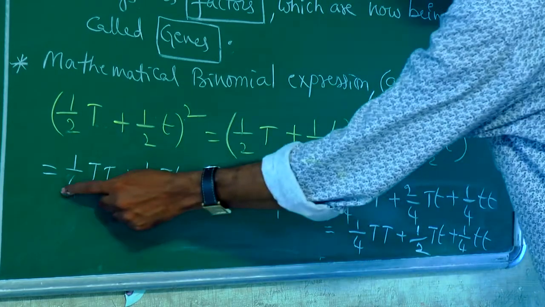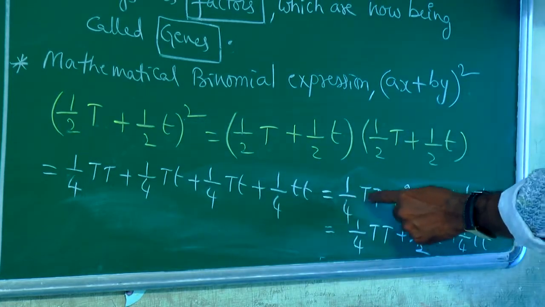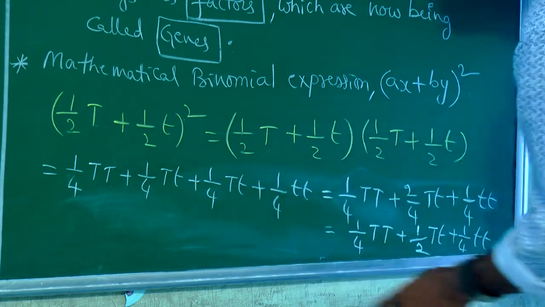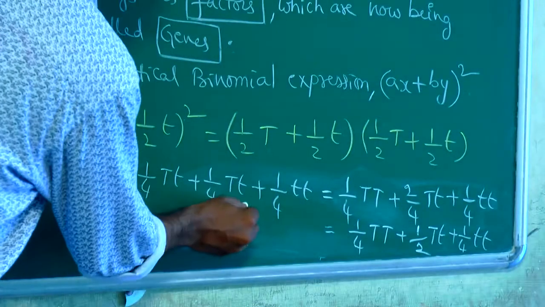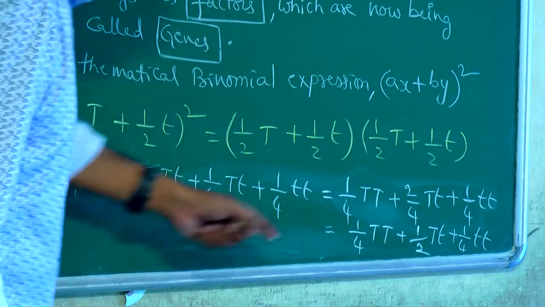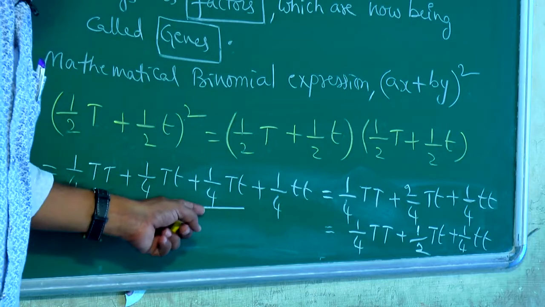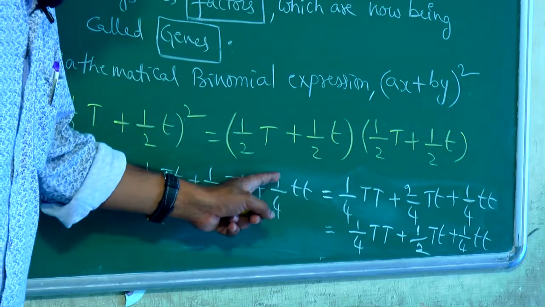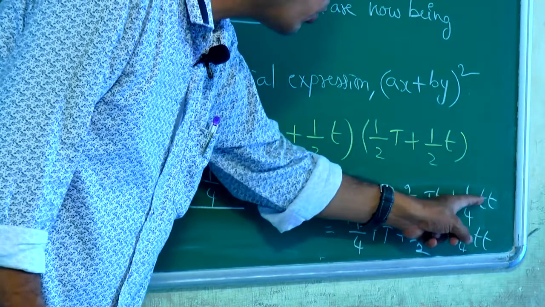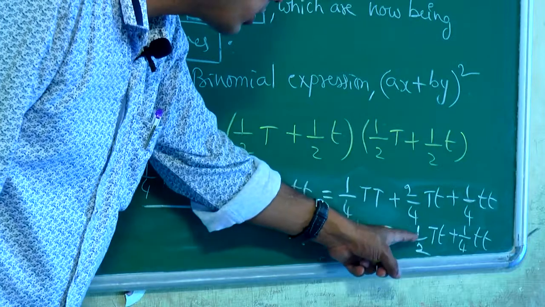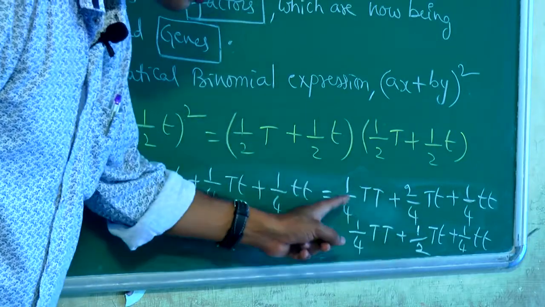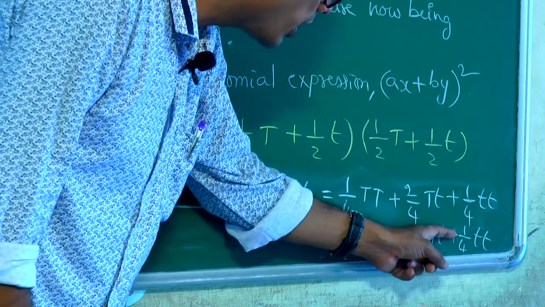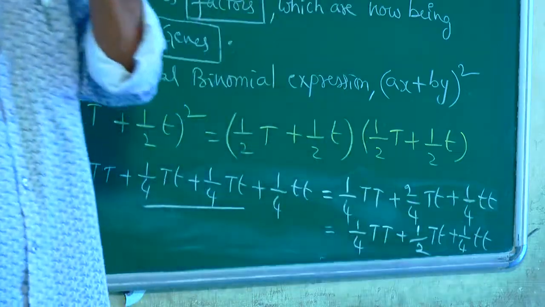That means 1/4 TT, 1/4 Tt, 1/4 Tt. Together, 1/4 plus 1/4 is how much? 2/4, so 2/4 Tt, and 1/4 tt. 2/4 is nothing but 1/2. So 1/4 TT plus 1/2 Tt plus 1/4 tt.